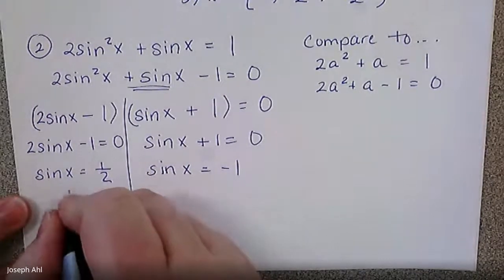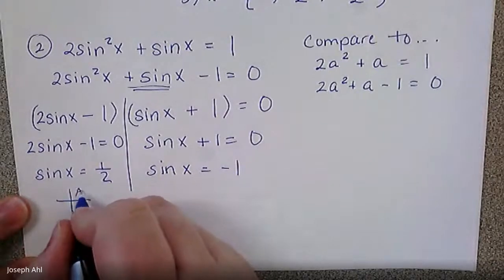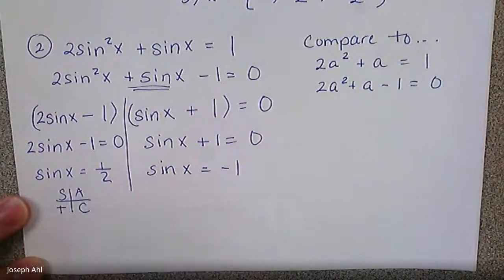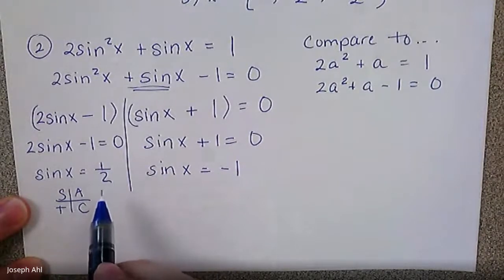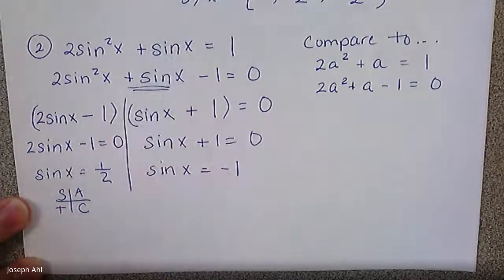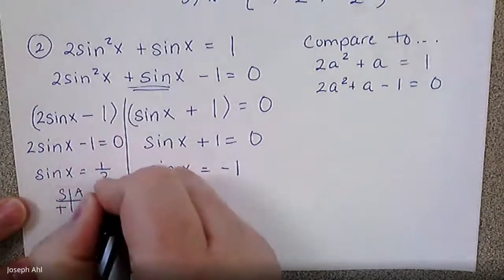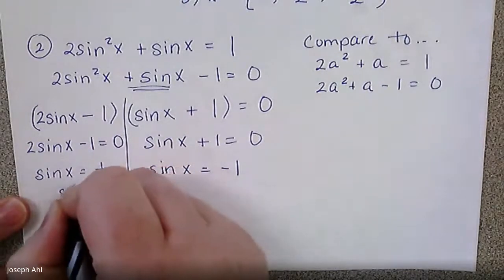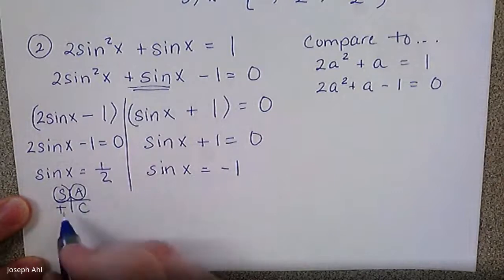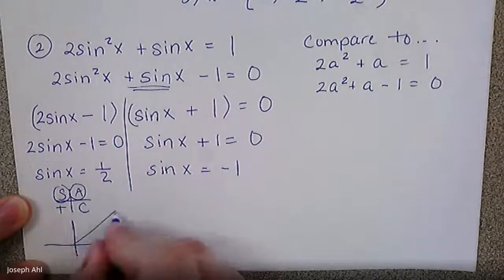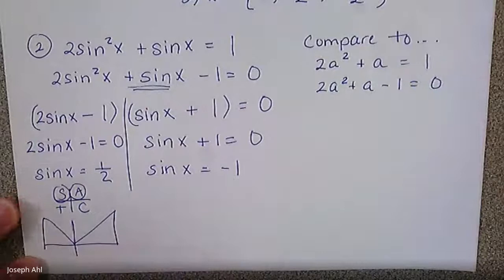For the left side, we've got all-star trig class going on. These are going to be some triangle pictures as opposed to what we've done so far with the graphs and unit circle. So sine x equals a half in the quadrants where sine is positive, which is quadrants 1 and 2. So that's where you're going to draw your triangles. Here they are.